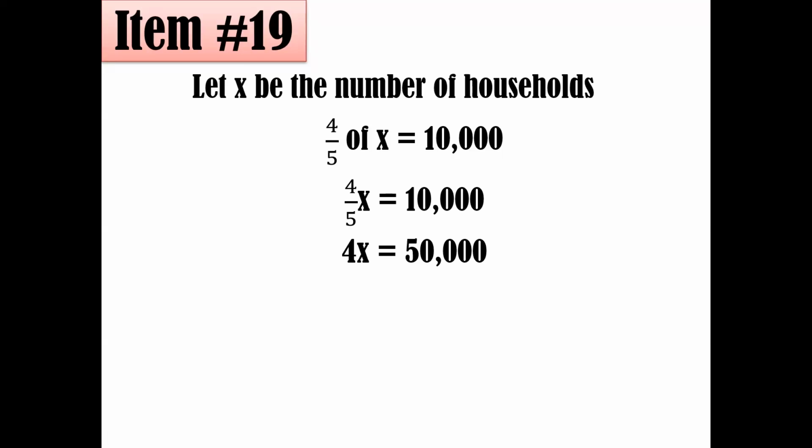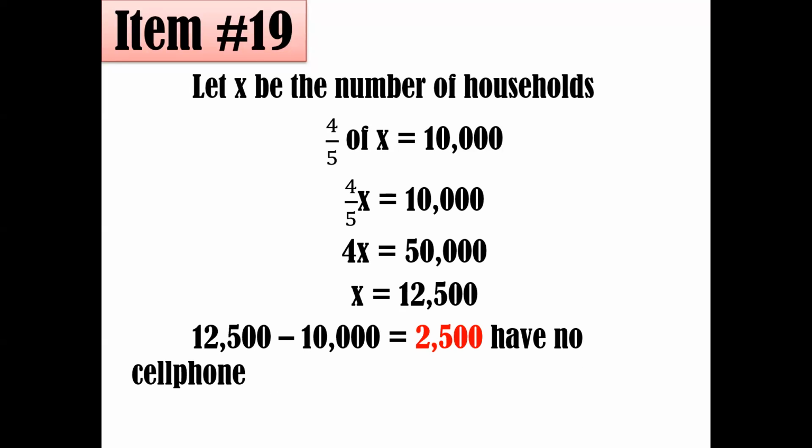Multiplying both sides by 5 gives you 4x equals 50,000. Dividing both sides by 4 gives you 50,000 divided by 4, which is 12,500. And what does this mean? That there are 12,500 households in that barangay.